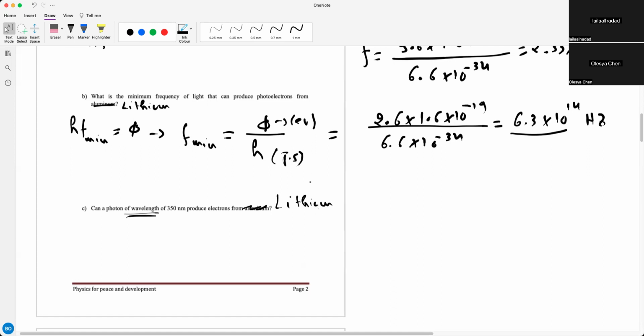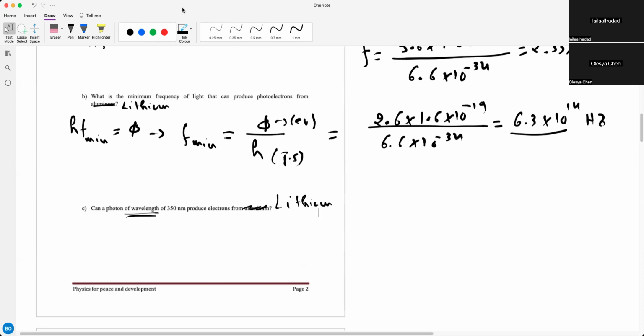What is the condition for the photon to produce electrons from lithium?